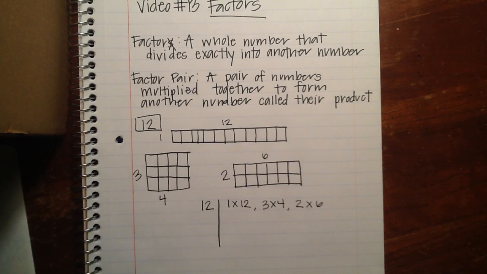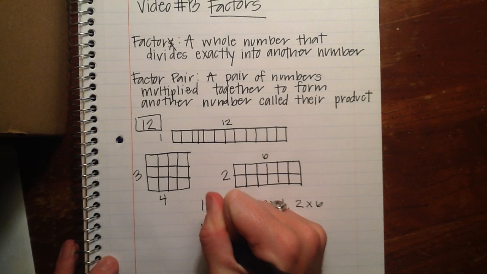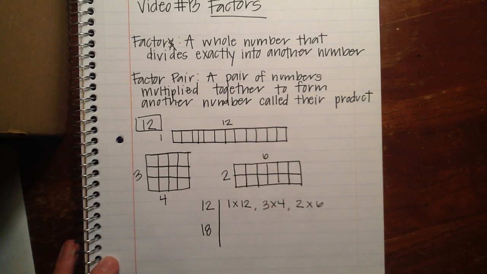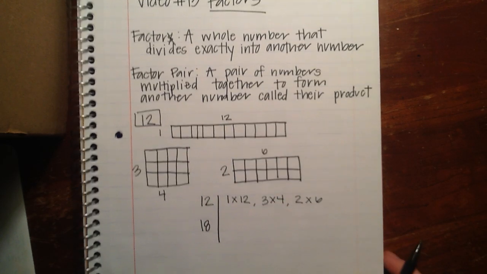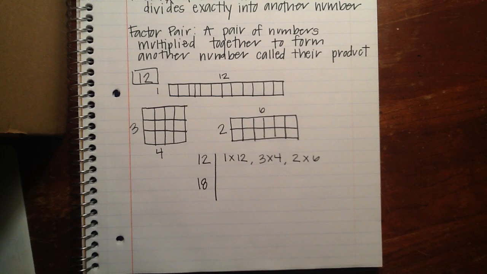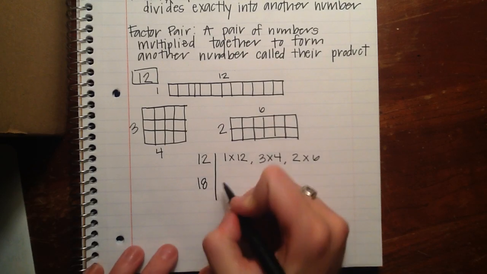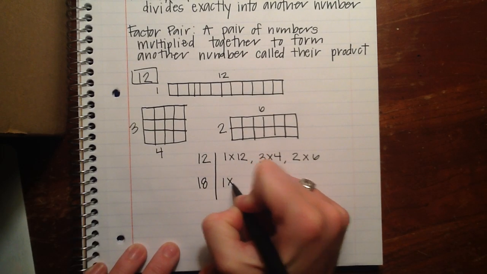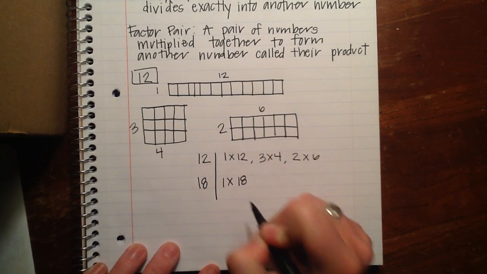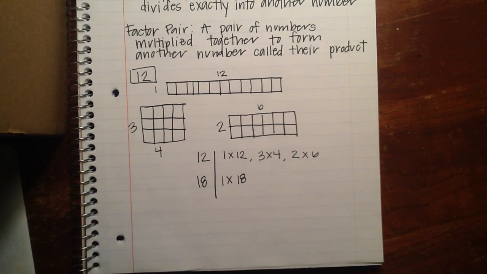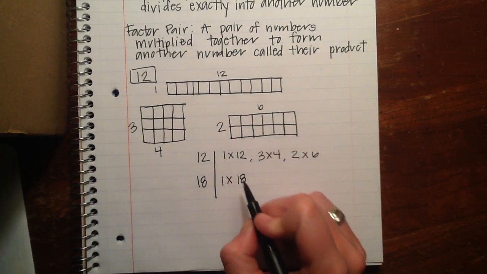Okay, so that's for 12. Say we were doing 18. So we could draw some boxes, figure out what equals 18. I always know that 1 times 18 equals 18. 1 times anything. Let's see.